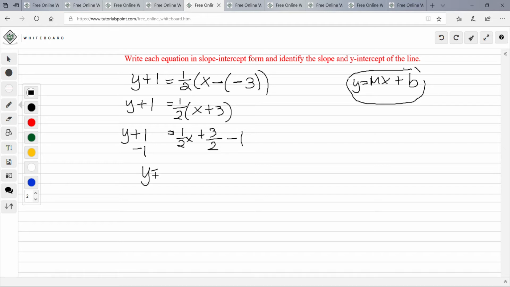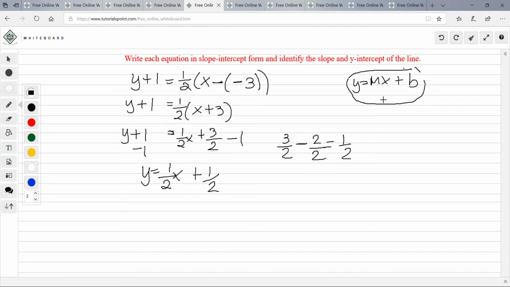So y equals 1/2 x, and then 3/2 minus 1, or you could say 2/2 because it's the same thing as 1. 3 minus 2 is 1/2. So this is going to be plus 1/2.